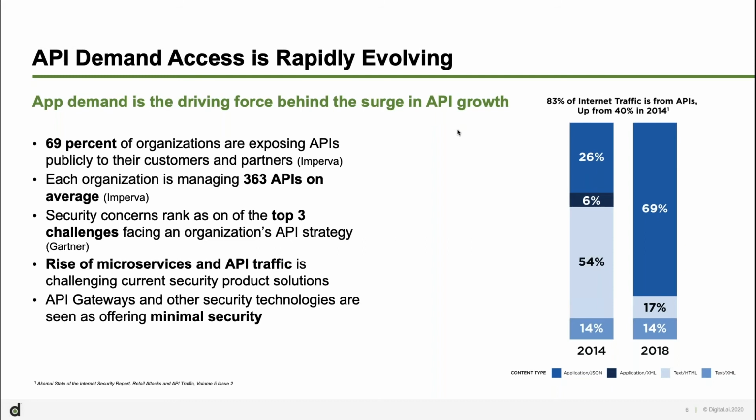So in contrast, contrasting what we saw coming out of the Web 2.0 era. In 2014, according to the Akamai State of the Internet Security Report, and keeping in mind a lot of internet traffic moves through Akamai infrastructure, they have a pretty good handle on what that data looks like.